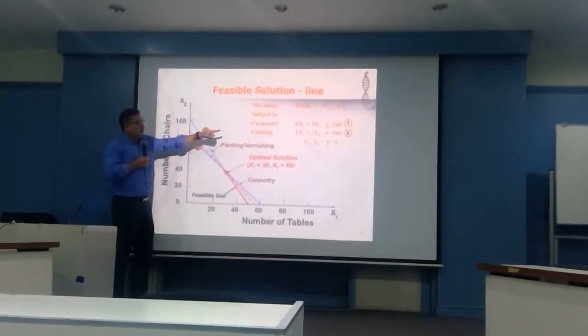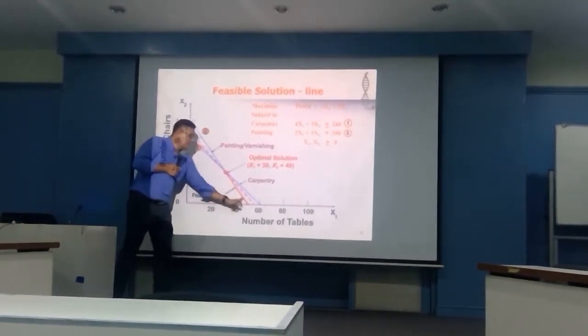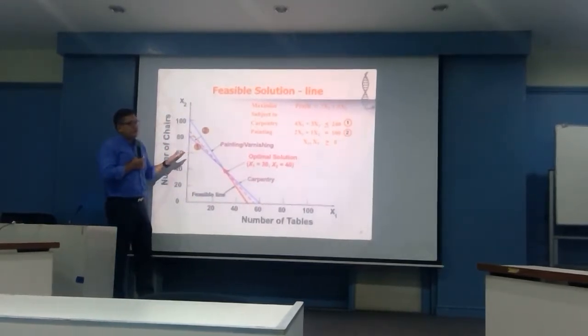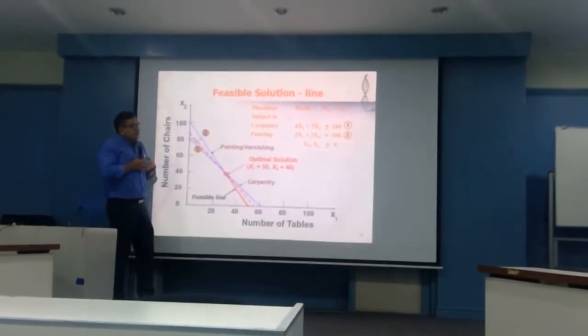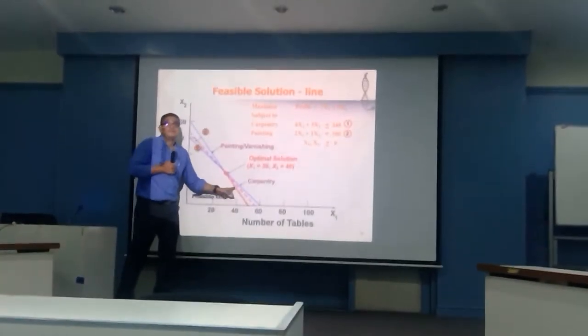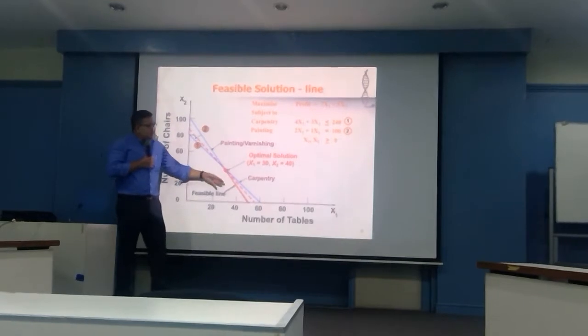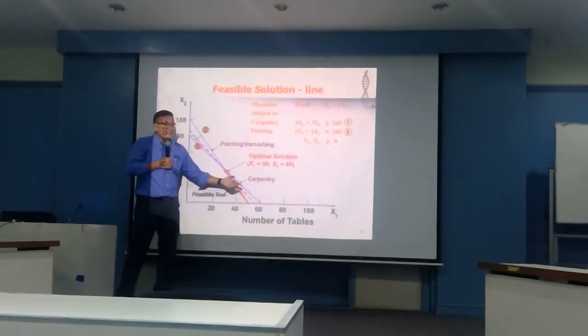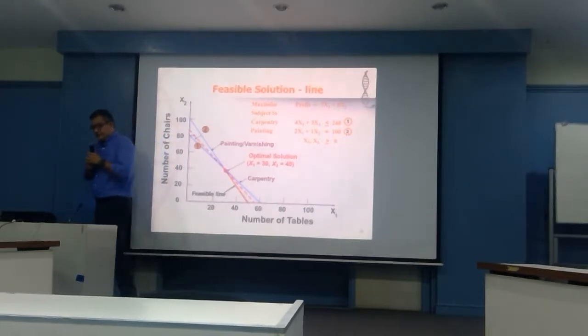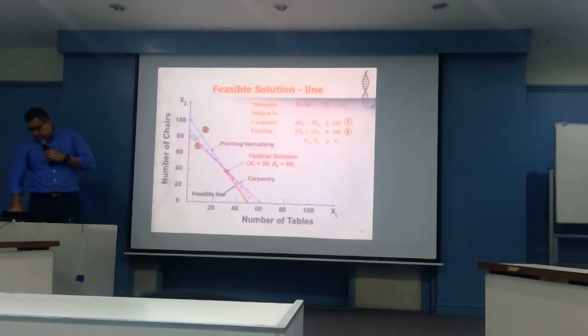Then you draw the graph of the second constraint, this one, no shading. So what next when you try to find the feasible area? The intersection area is going to be this part of the linear line, the red line. So now the feasible area is just the line, not an area, not a point, but this is a line. Okay, so it can be anything: area, point, or line.